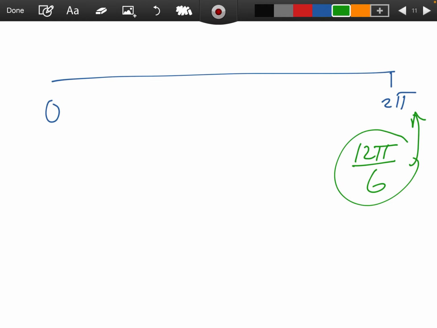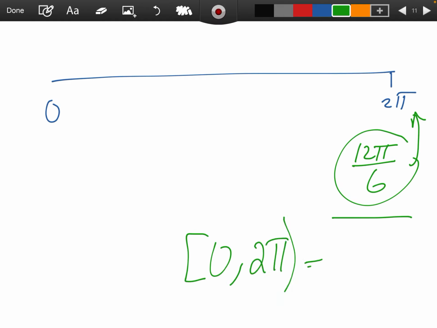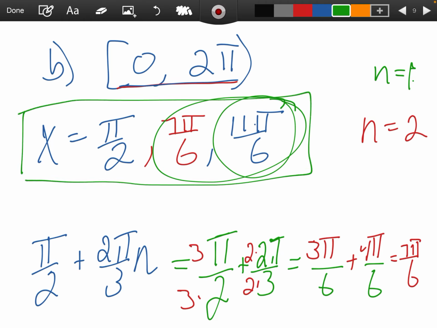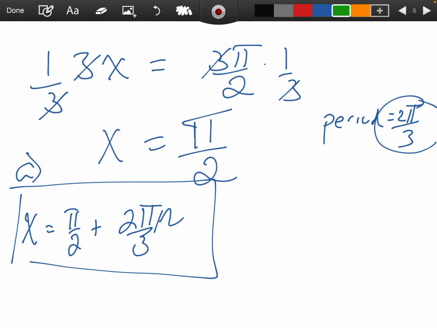So I want to make sure that my answers don't go past 12 pi over 6, because we're looking at the interval from 0 to 2 pi, which is the same thing as saying from 0 to 12 pi over 6, right? Look at the last answer we came up with. We didn't come up with 12 pi over 6, but we came up with pretty close to it, 11 pi over 6. So these three right here should be my answer for part B.